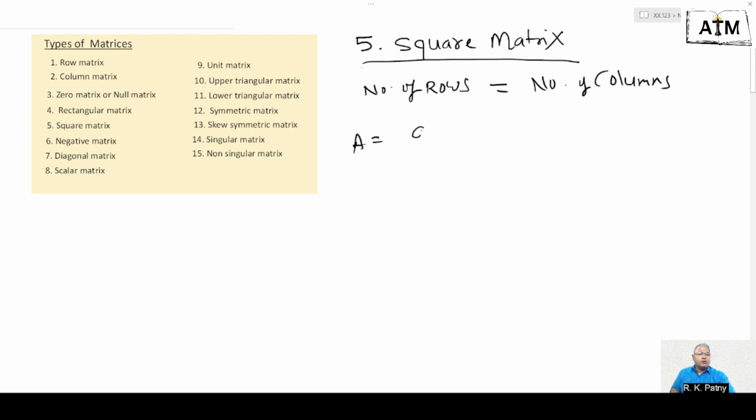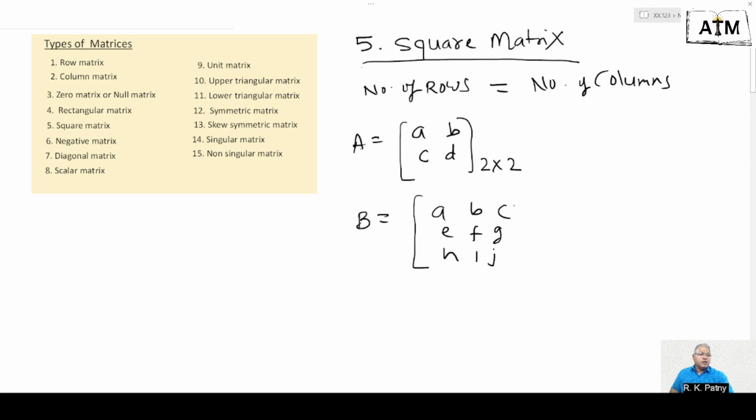Example, A equals to A, B, C, D. So the number of rows and number of columns are equal. It is a 2 by 2 matrix, so it is a square matrix. Similarly, consider one more example, A, B, C, E, F, G, H, I, J. In this matrix, the number of rows is 3, and the number of columns is also 3. So it is a 3 by 3 matrix.